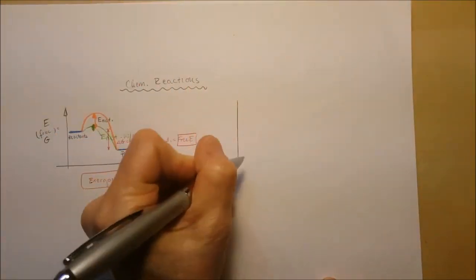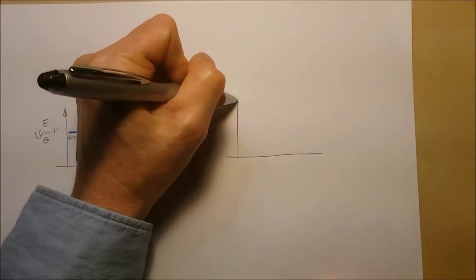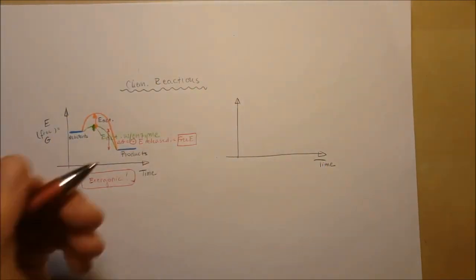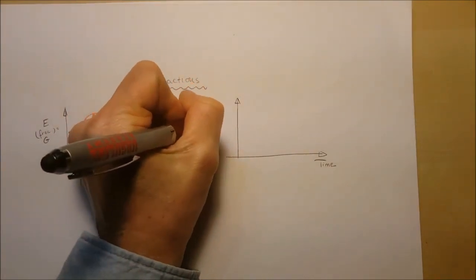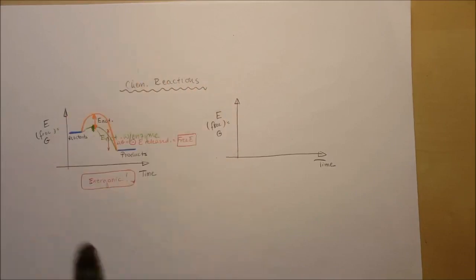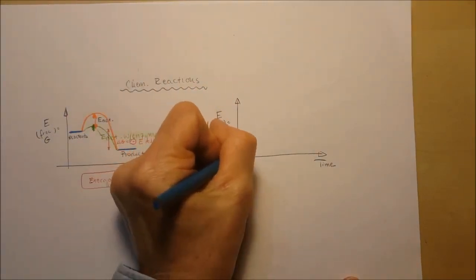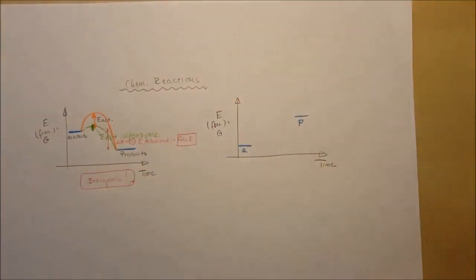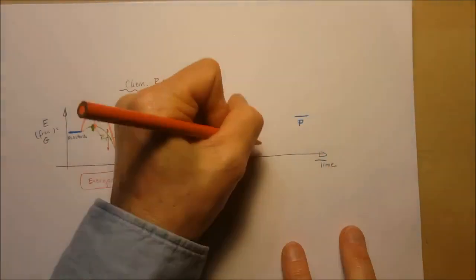On the other hand, the other type of chemical reaction can be endergonic. So time and free energy on the y-axis. And at this point, the reactant's free energy level is less than the product's free energy level.